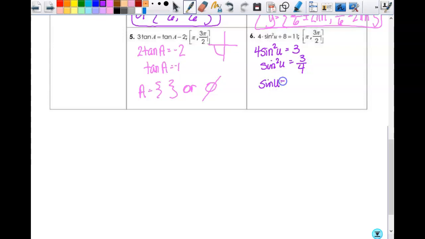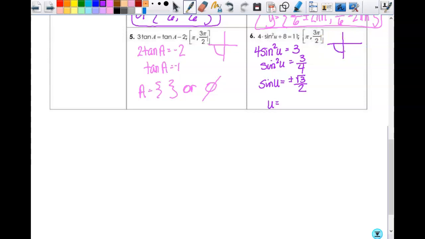So sine u equals what? Close. There you go. Plus or minus square root of 3 over 2. So then I need an answer for u. And this, again, is just pi to 3 pi halves. So we're only in the third quadrant.